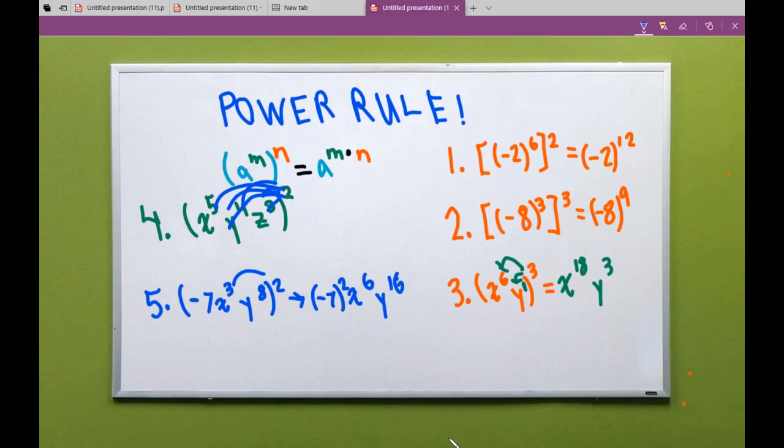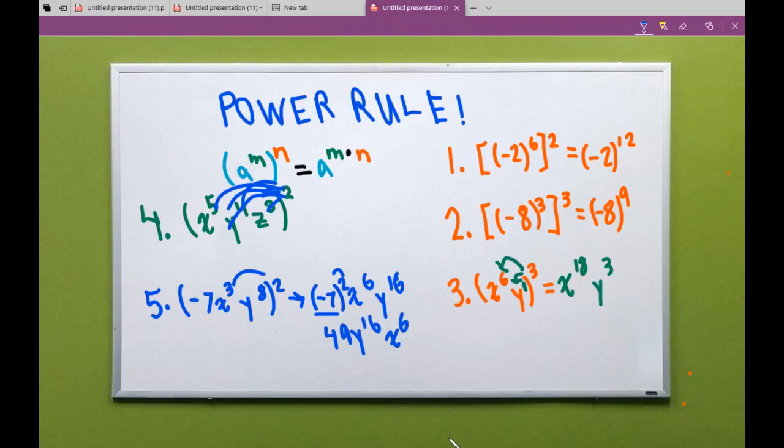Using your calculator, you'll see that negative 7 raised to the second power is just 49, positive 49. So that means our answer is 49 times, actually we're going to put y first because it has the greater power, y to the 16th times x to the 6th.